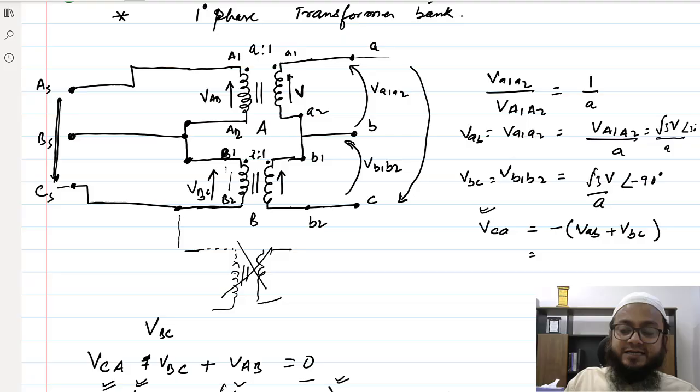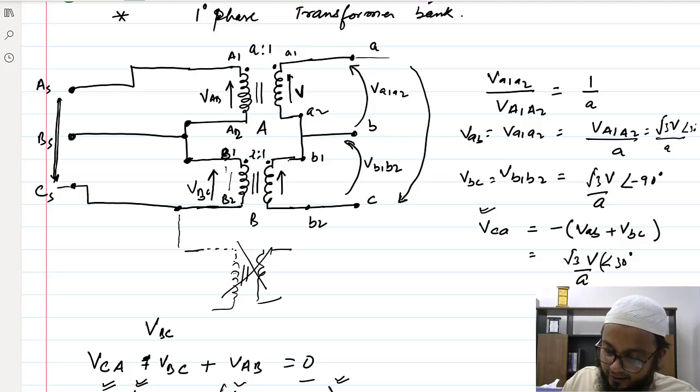So even this VCA is a balanced one. VAB, what is VAB? Root 3 V by A at an angle of 30. Let's say 1 at an angle of 30 plus 1 at an angle of minus 90.